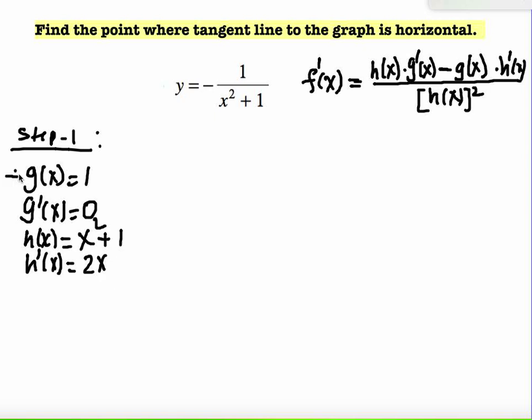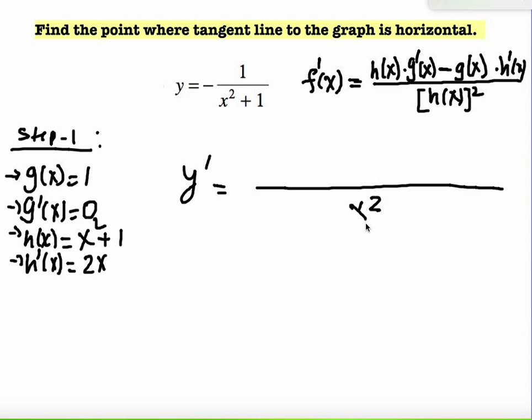So once we have these four terms, we are ready to apply the quotient rule. So we can say the derivative y prime, we can also call it f prime of x. So y prime would be, let's use h of x, which is x squared plus 1. Then I have to square that.